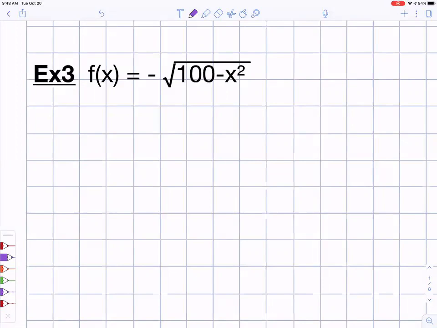No, it's not one-to-one. Rebecca, can you describe to me what the graph looks like?